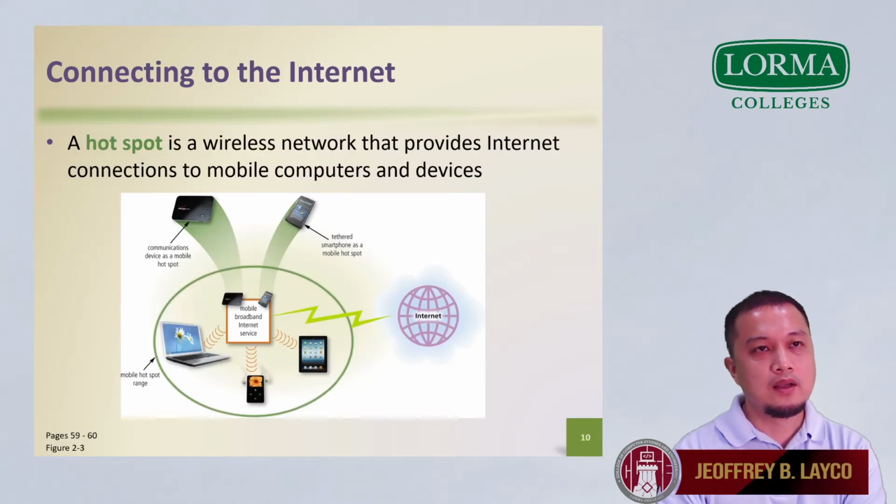Now, the next thing here is what we call a hotspot, which is a wireless network that provides internet connections to mobile computers and devices. Many public locations such as shopping malls, coffee shops, restaurants, schools, airports, hotels, and city parks have a Wi-Fi hotspot.